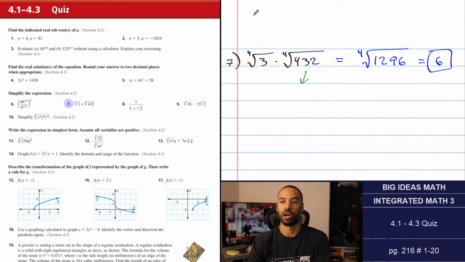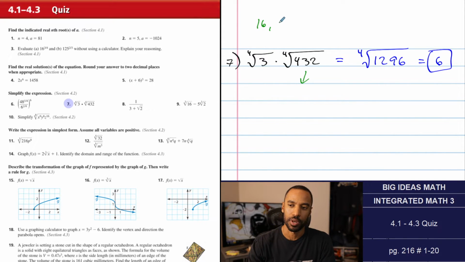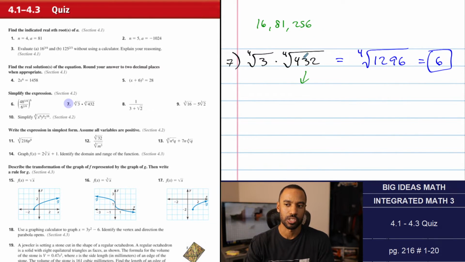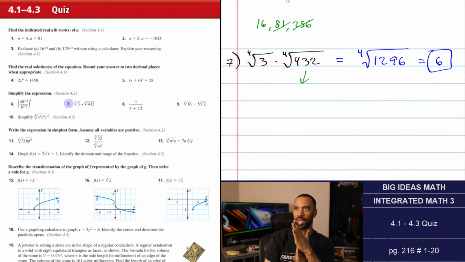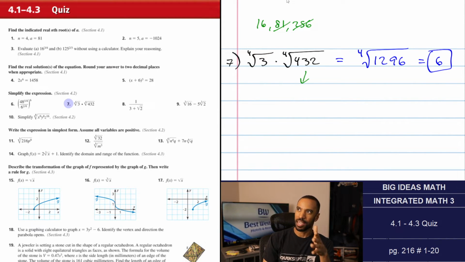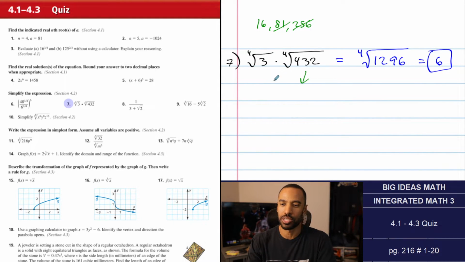Fourth power values are: 2 to the fourth is 16, 3 to the fourth is 81, 4 to the fourth is 256. This is already more than half of 256, so that won't work. 81 times 5 is 405. That doesn't work. 16. Can I divide by 16? 16 times 5 is 80, times 5, 25. Yeah, I think 27. So you can do 16 and 27.